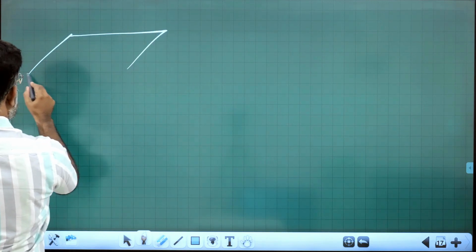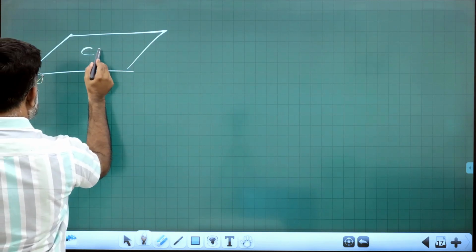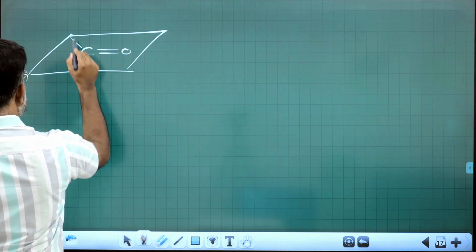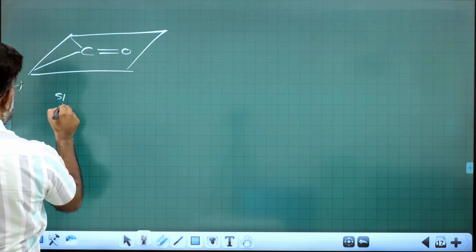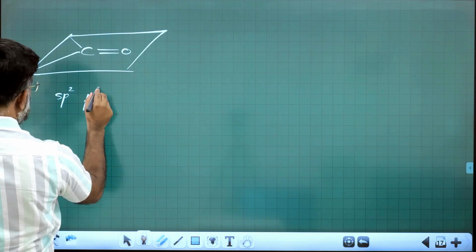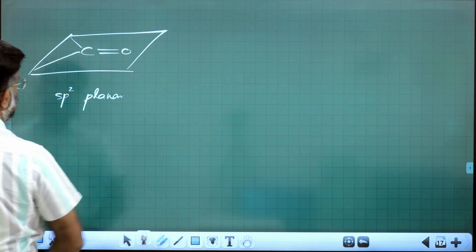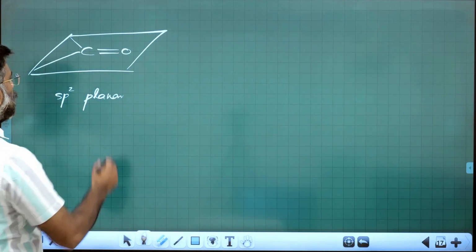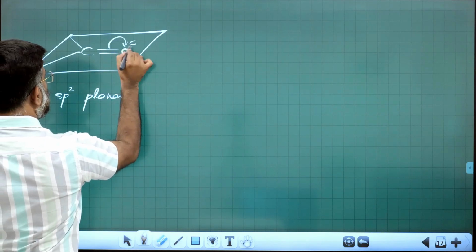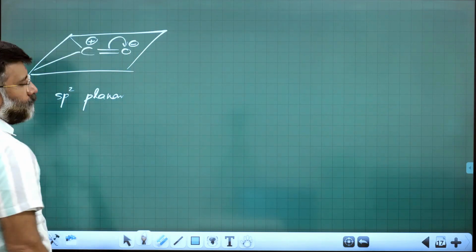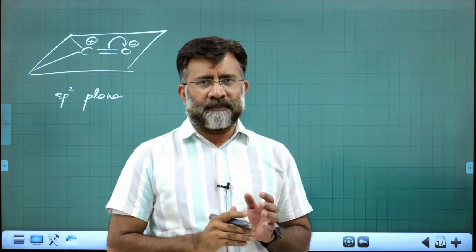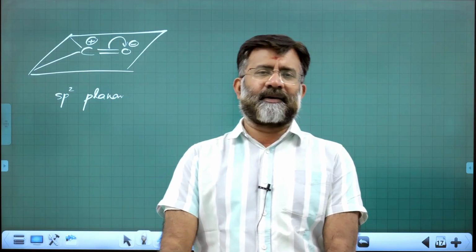Suppose you take aldehydes and ketones, the so-called carbonyl compounds. This is a carbonyl compound. It is sp2 hybridized and planar. All of you know this is polarized as minus and plus. There is C plus and O minus. C plus is the electrophilic center.